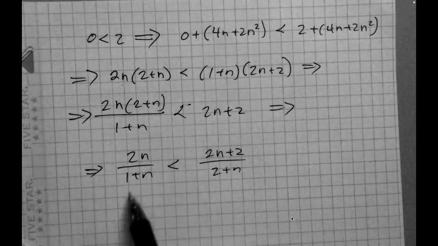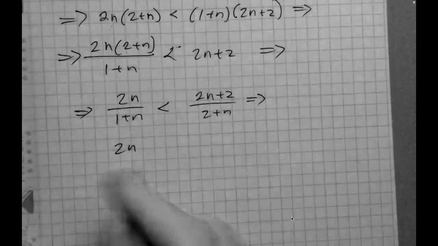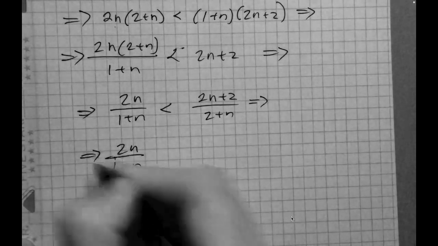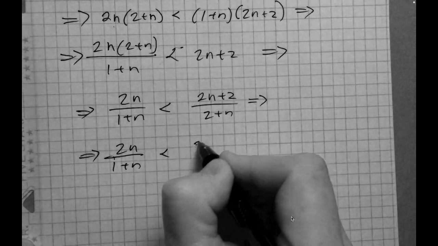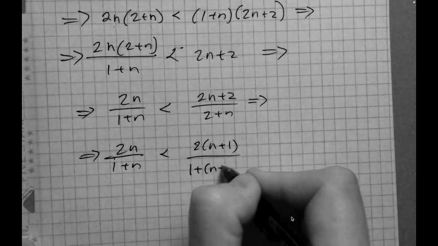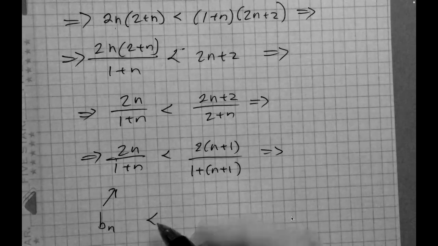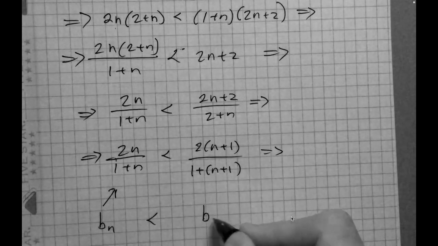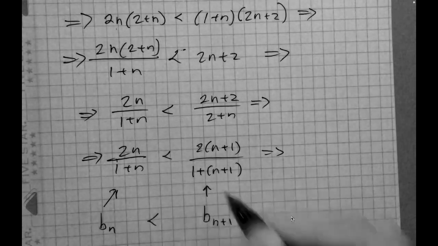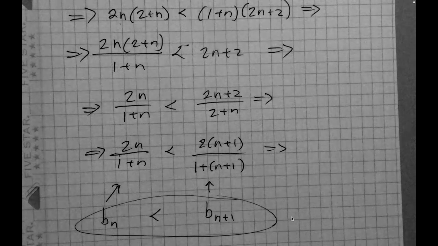We've got 2n over 1 plus n is less than 2 times n plus 1 over 1 plus n plus 1, which is b of n less than b of n plus 1. So we've proven that for any two terms n and n plus 1, this relationship holds.